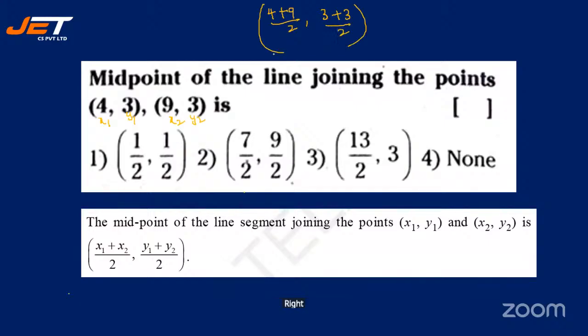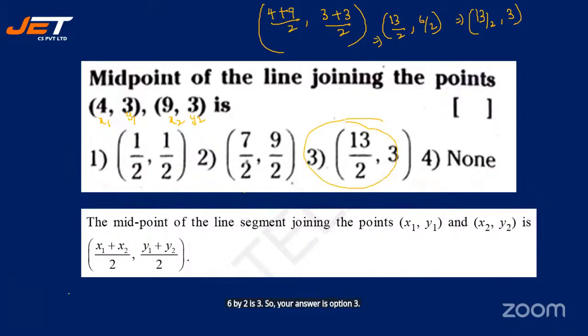So 13 by 2, comma, 3 plus 3, 6 by 2. So we get 13 by 2, comma, 3. So your answer is option 3. All right. Yes, hopefully it is right.